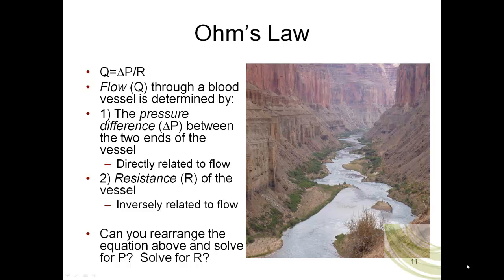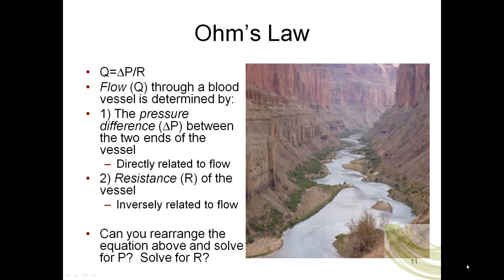Now if you're looking at the Colorado River here going through Grand Canyon, you can see there are some types of resistance. You're seeing little sand beds in the middle of the river. You can even see some rocks where some rapids are, and some twists and turns through the canyon. So anywhere where resistance is high, flow is going to be impeded. So an inverse relationship.